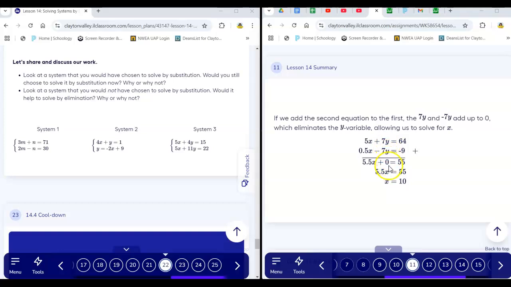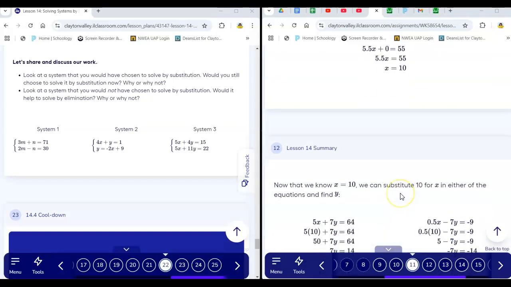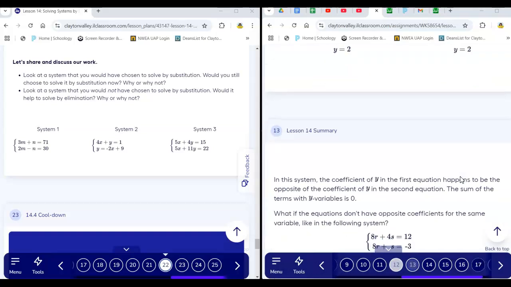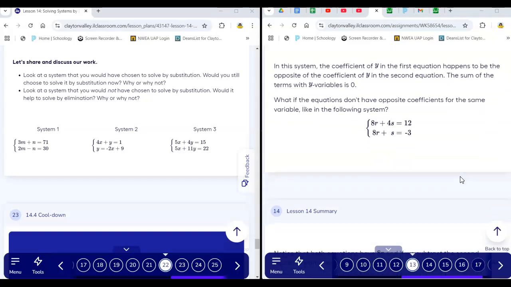If you added them together, you would cancel one of your variables out pretty quickly, and then you could solve for one. Then you would take that and substitute it back in for the other variable. And now you have your solution to the system.